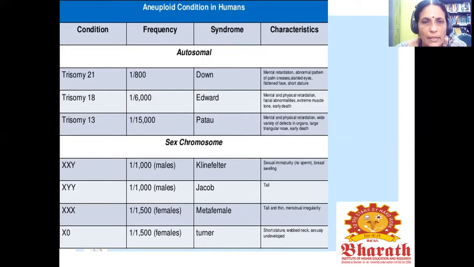So, aneuploidy conditions in humans. For example, in autosomal trisomy 21, frequency 1 in 800, it produces Down syndrome. The characters are mental retardation, abnormal pattern of palm creases, slanted eyes, flattened face, and short stature.